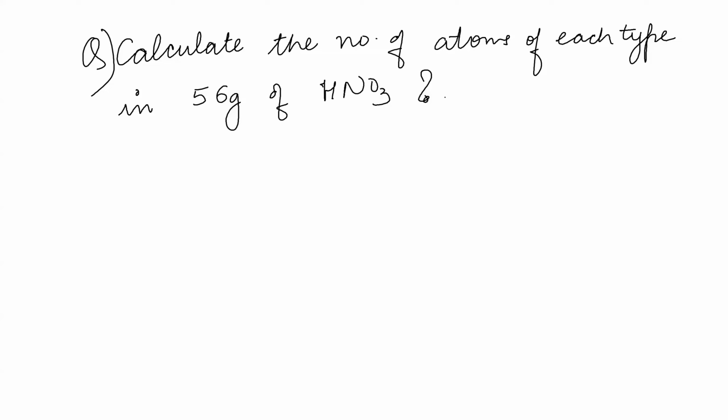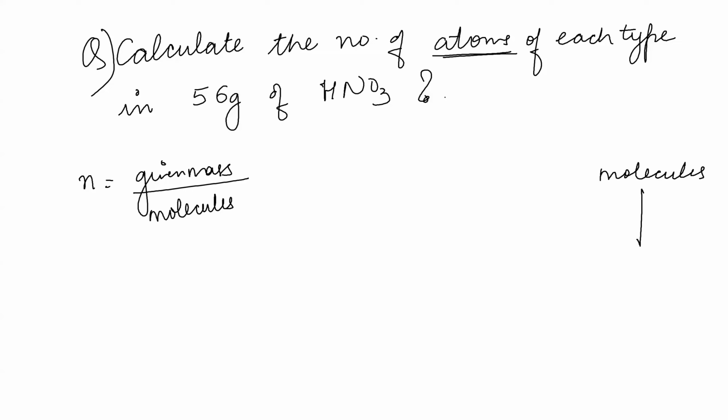Calculate the number of atoms of each type. Don't we have to find the number of particles? Yes. They will ask you to calculate the atoms, but there's a hidden step inside it. You will have to calculate the molecules first and then the atoms.